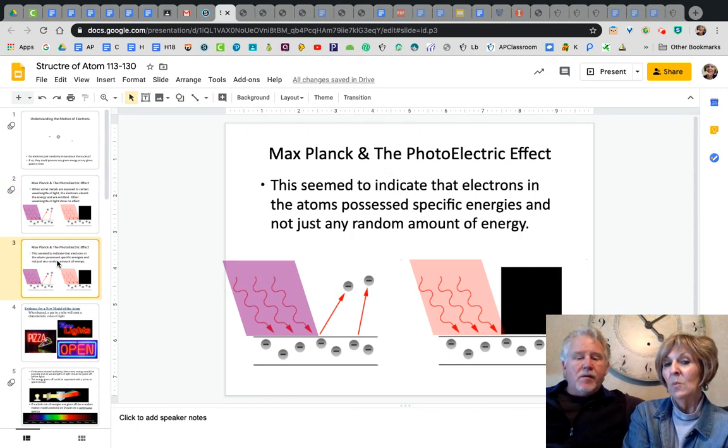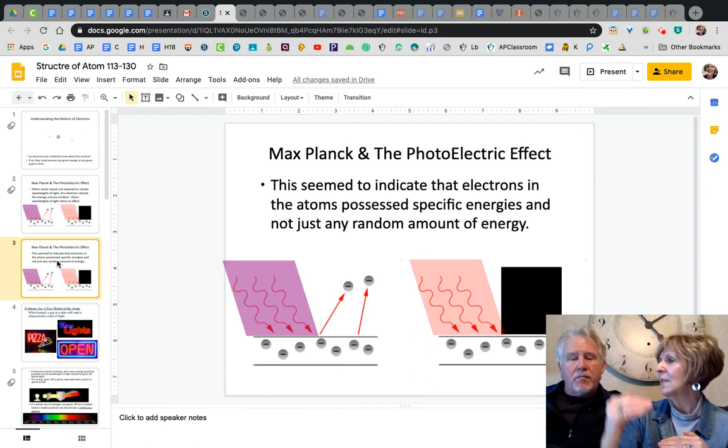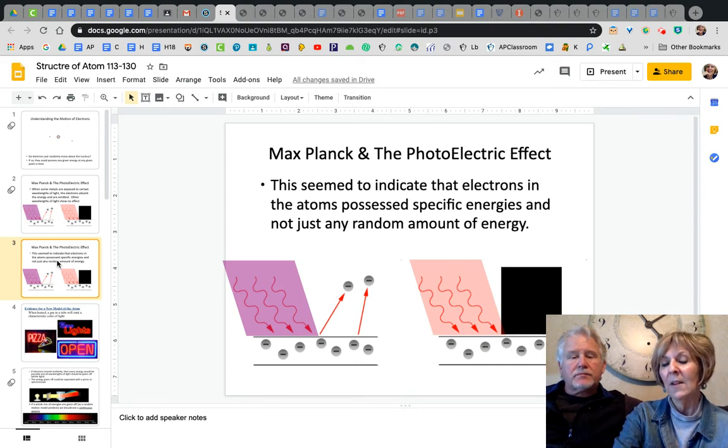That was one of the things that came out of this: electrons looked like they had just specific energies. They were absorbing specific energies, and then emitting that on the way back down. That helped us understand the way electrons work.